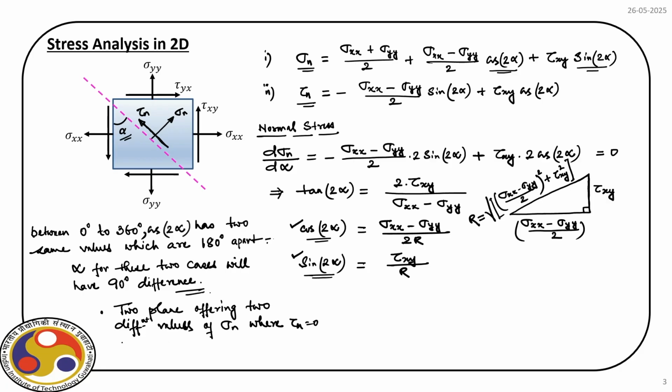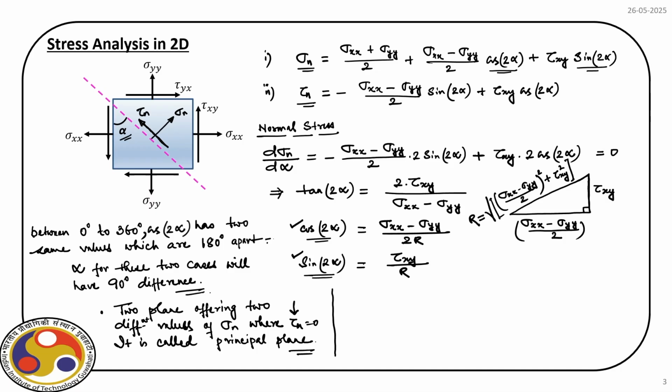This plane is called the principal plane. So, the plane along which shear strain or shear stress is 0 is the plane where sigma n is maximum, and we call it principal plane.